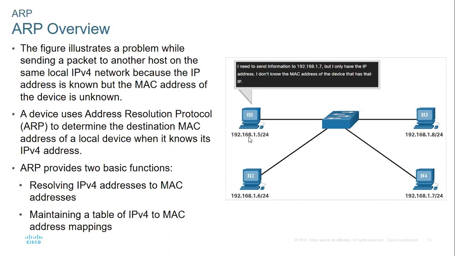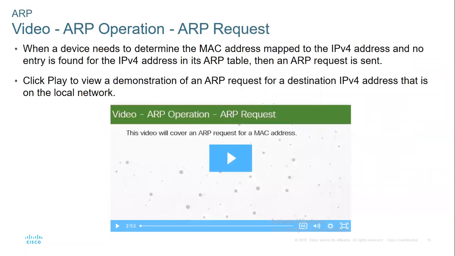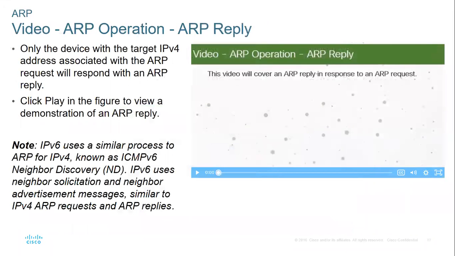H1 will now be able to send the message to H4 after learning its MAC address. So that process is called ARP, Address Resolution Protocol. Okay, so that's what is being explained there.